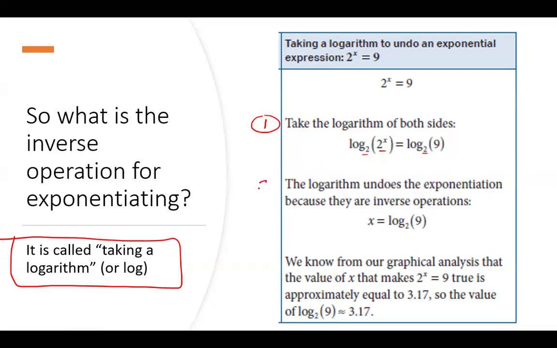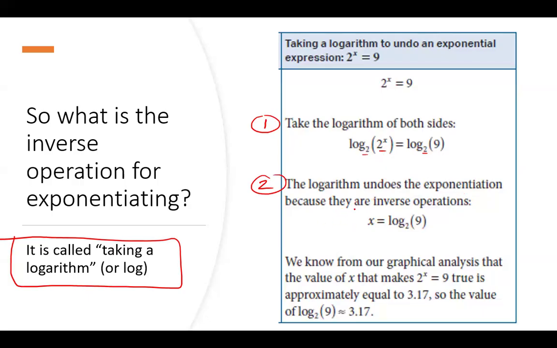Our next step, step 2, is to simplify, to clean it up. The log undoes the exponent. So it's essentially going to set our power free. Let me be free. Yes, that's what it does. It sets it free. So the log sets the power free.